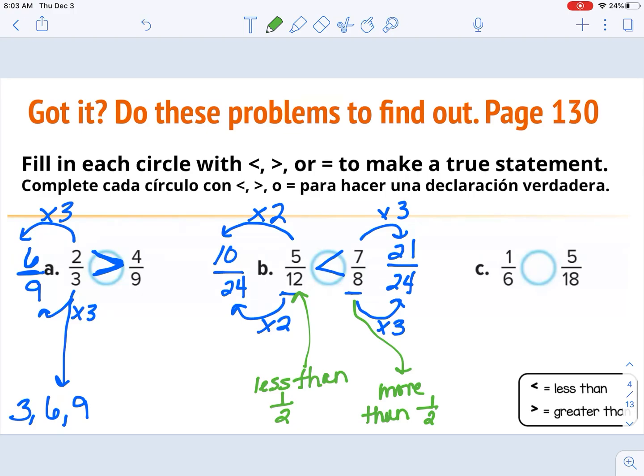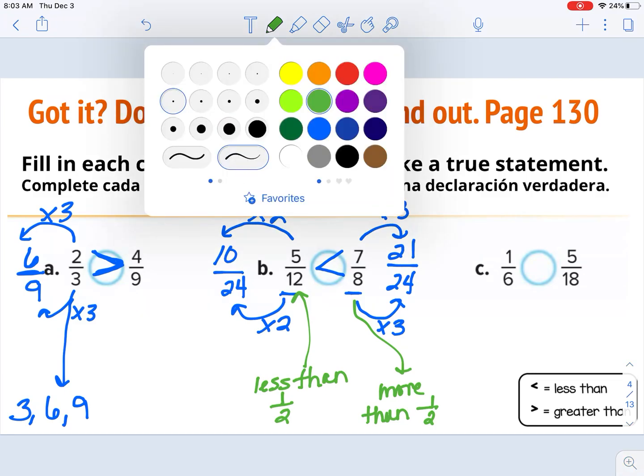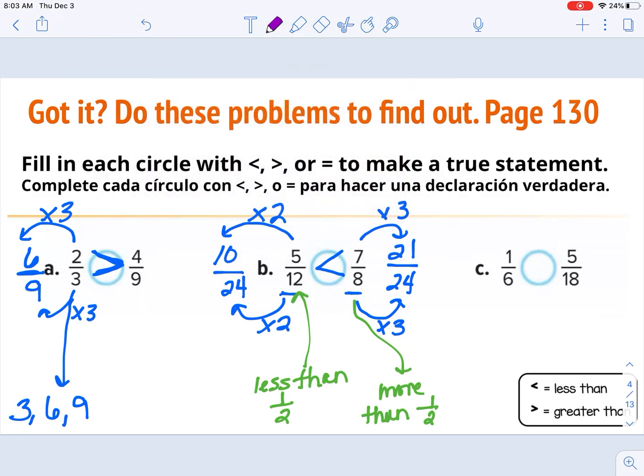All right, let's look at this last one. 1/6. So I'm going to start by listing the multiples of 6. So 6, 12, 18. Oh, 18. That's the same as my other denominator. So I'm going to change this one on the left to turn into 18ths.